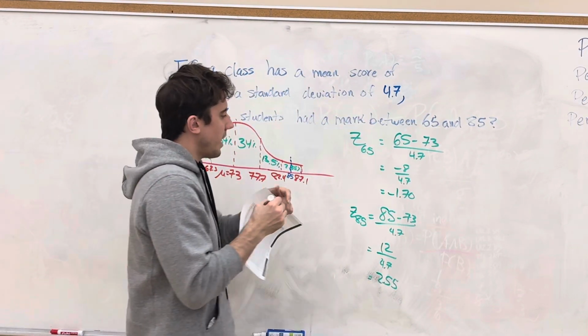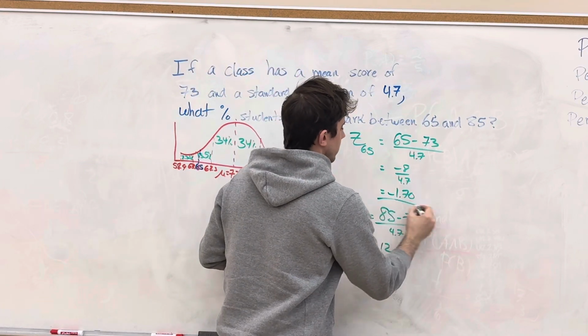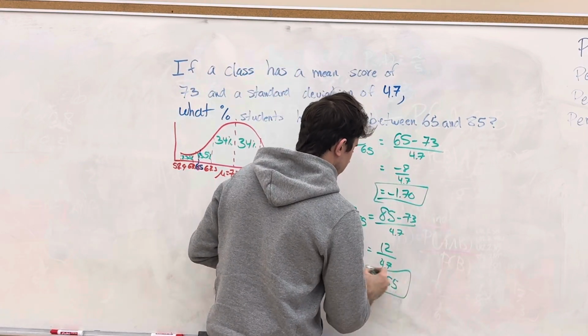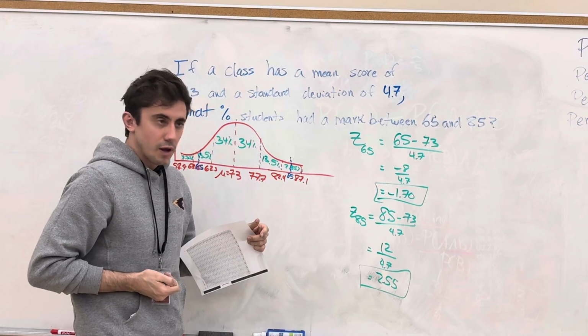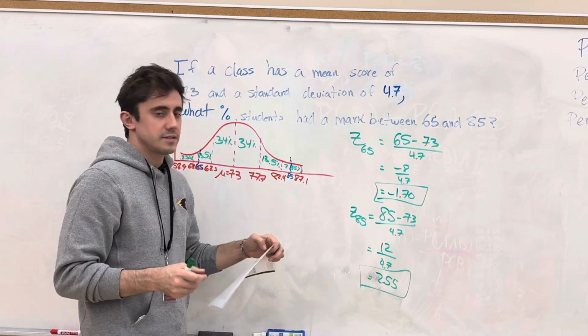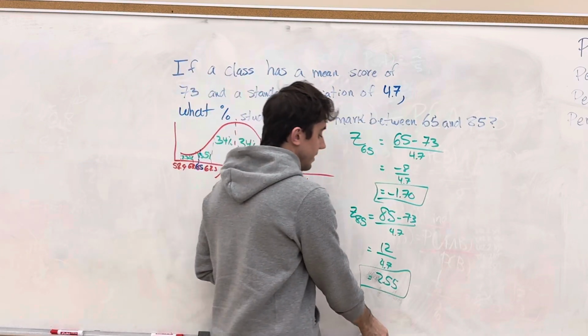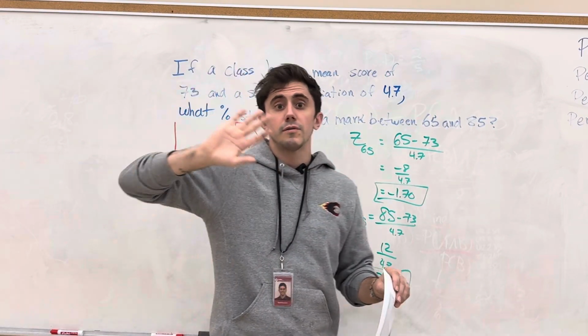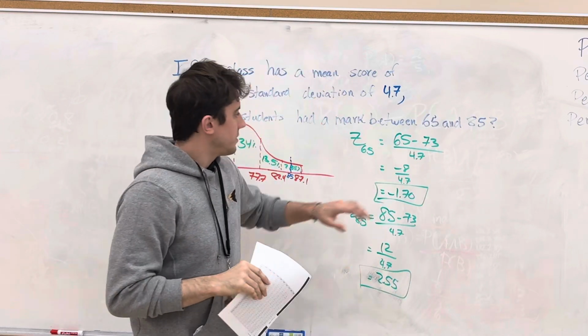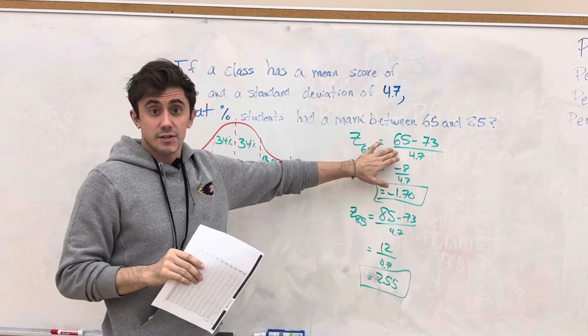And so now we have our two z-scores, and so we can look for the percent of data that falls below these two z-scores on a z-score table, right? Again, the z-score table tells you the percent of data that falls below, to the left of, the data point that you use to find your z-score, okay?